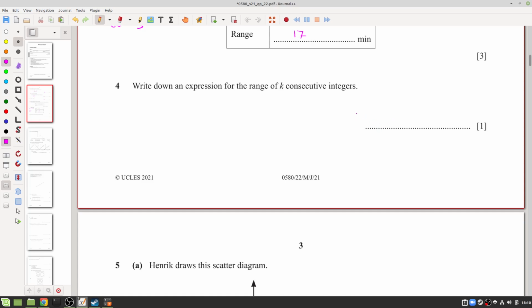We can say it like this. So it's from k minus a, or we could say k is from a to b, where a and b are both integers.